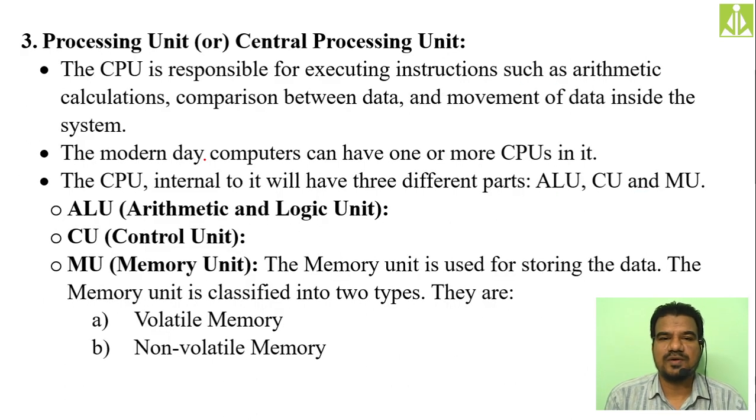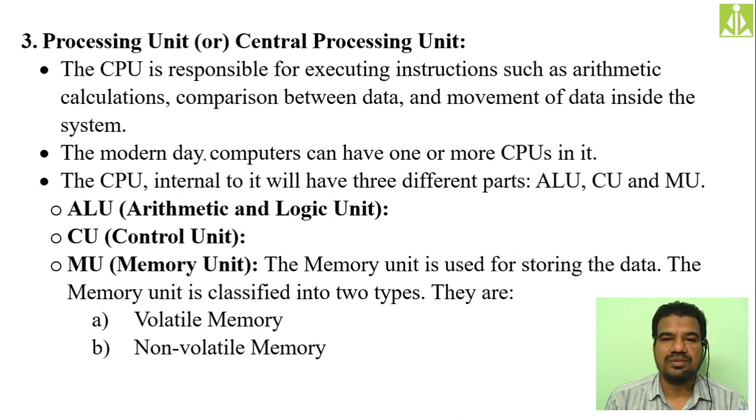So next is the processing unit. Generally the central processing unit, CPU, is responsible for executing all the instructions, whatever programs we have in our computer. In order to execute those programs, or to get the output from those programs, the CPU is responsible.